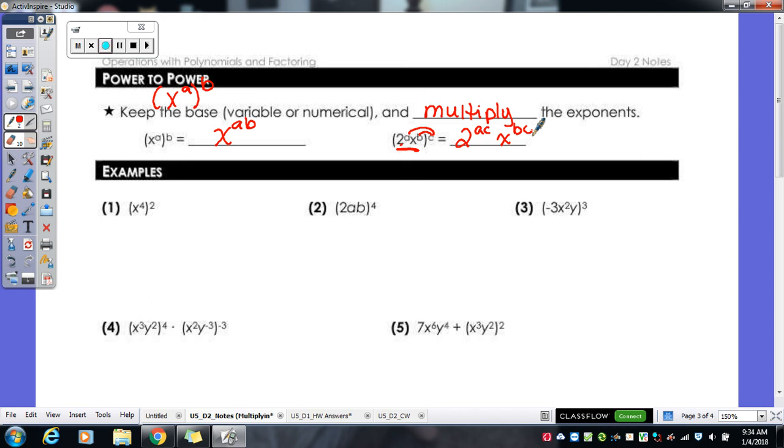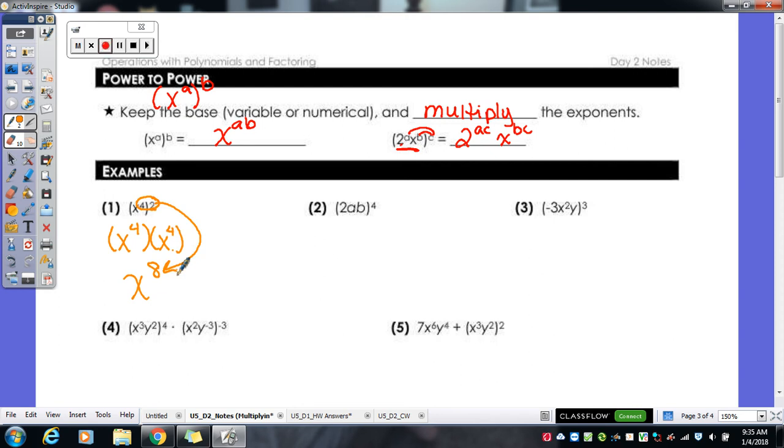Now the reason why this works, like if we look at the first one, another way we could do these problems is since this is squared, I could write it out twice and then follow my multiplication rules from before, which would make this x to the 8th because 4 plus 4 is 8. But again, somebody many years ago figured out this rule that when you have these two exponents here, if you just multiply, you get to skip that step and it takes you right to the answer.